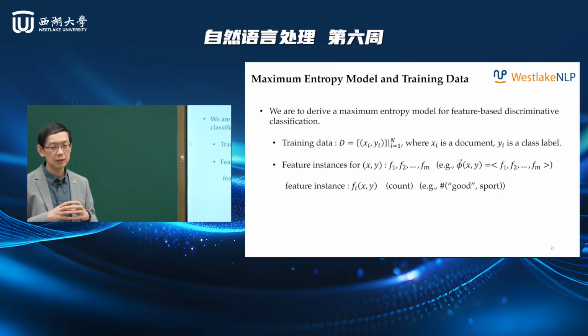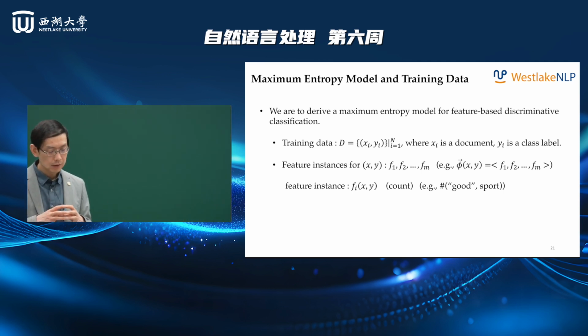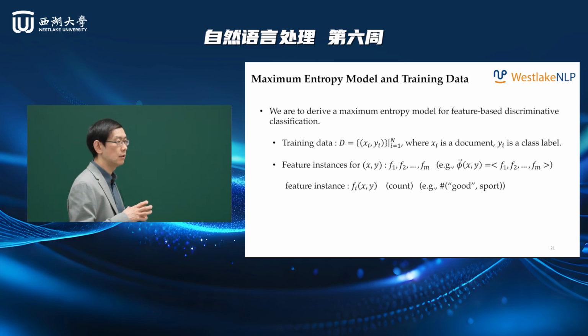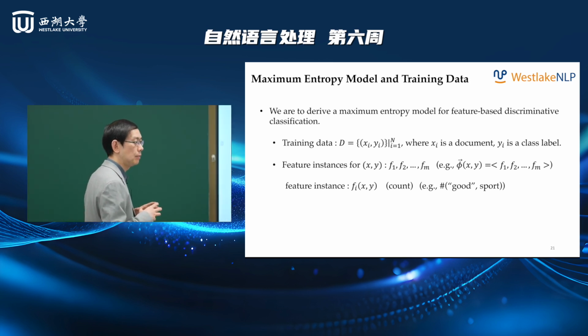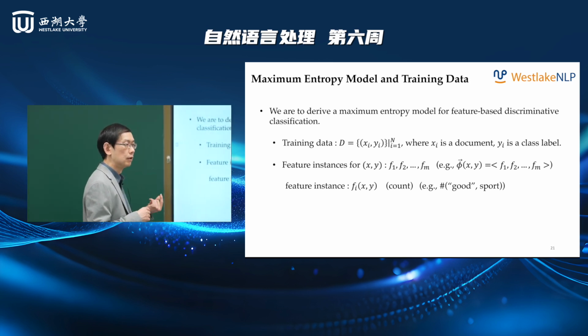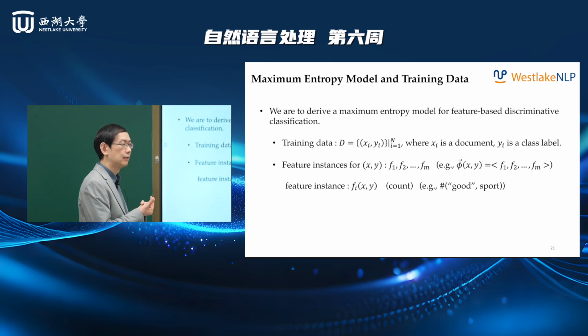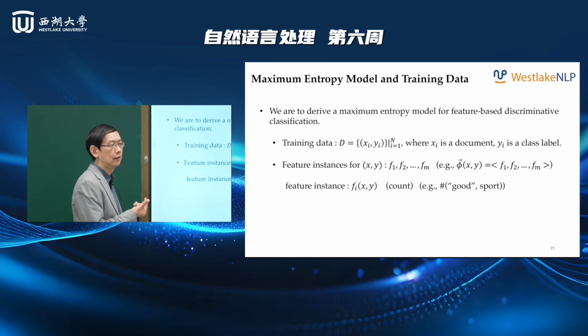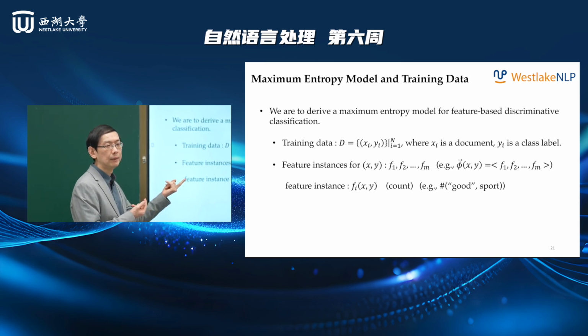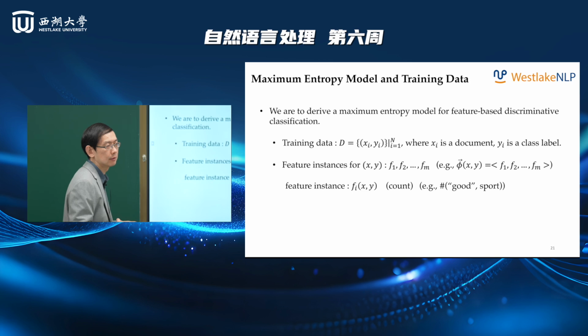You all remember these feature instances, right? The first feature representation we built is a word and class label combination feature template. So maybe f538 will be the word is gold and the class label is sport.